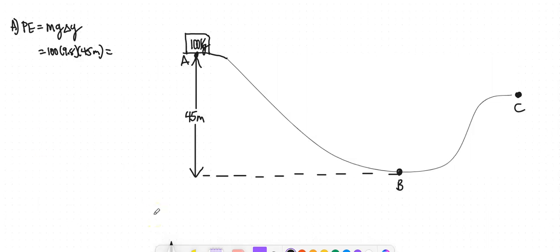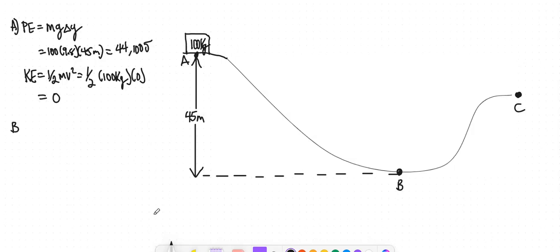If you put that into your calculator, you should get 44,100 joules. Okay, but the object is not moving. So at position A, since the velocity is 0, the kinetic energy, 1/2 mv squared, 1/2 the mass, which is 100 kilograms, and the velocity, which is 0, is going to give us a kinetic energy of 0.